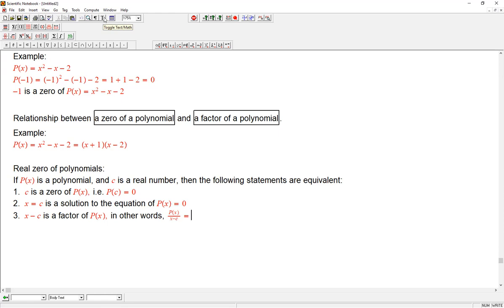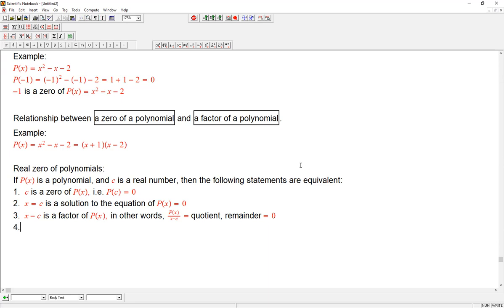And the remainder from that division is going to be 0. This part will be elaborated. This is done in long division.